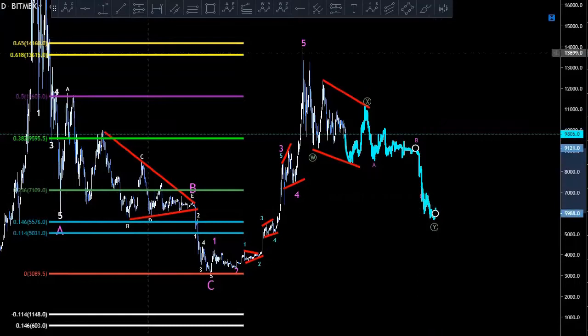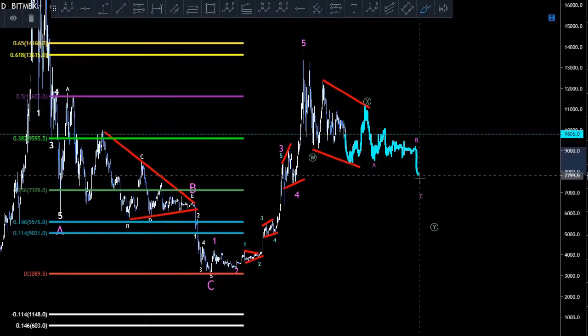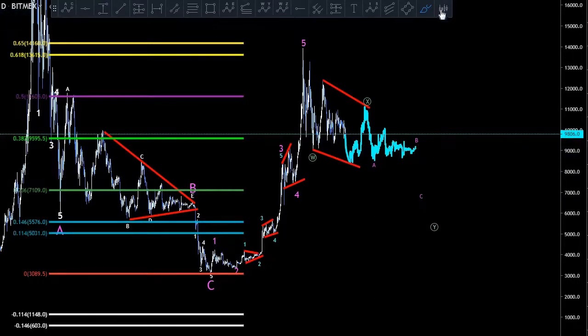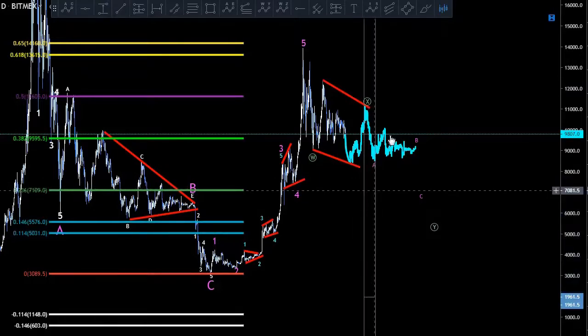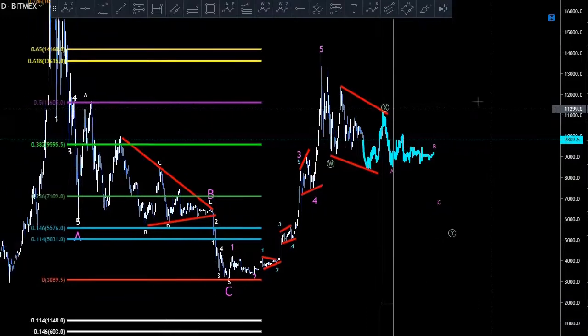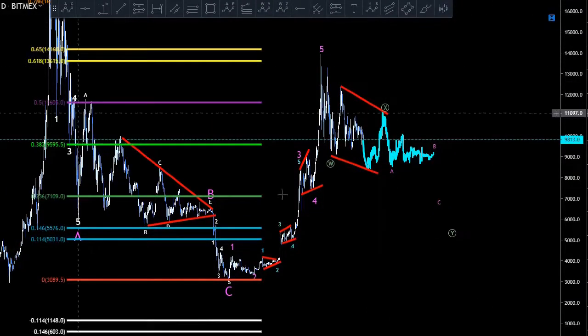Let me remove this. Hey, hold on, I got a better idea. Bars pattern tool. Take this to this. Alright, that wasn't it, apparently. Bars pattern tool.